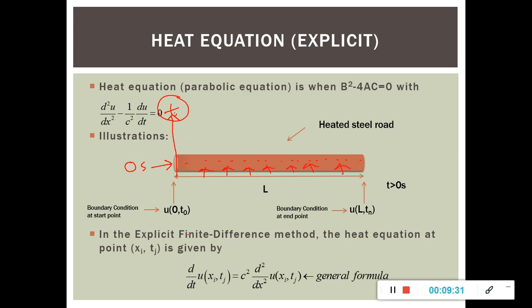So along the y-axis, let's say after 1 second or after 2 seconds, what is the temperature at the specific point on the steel rod? Those are the values that you are going to approximate using the explicit method.